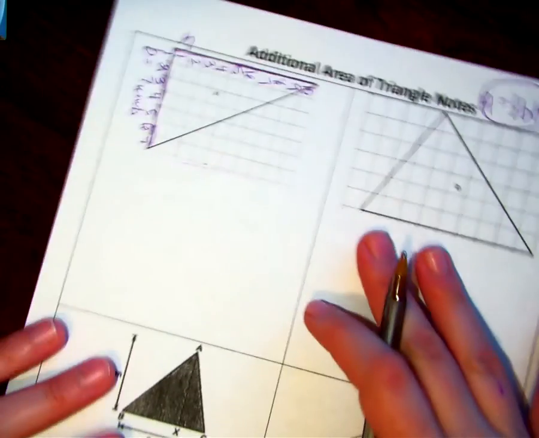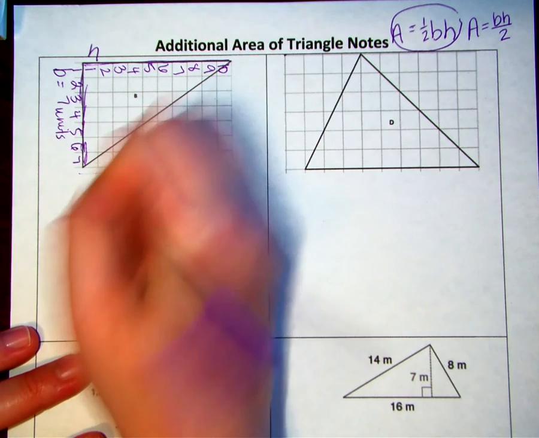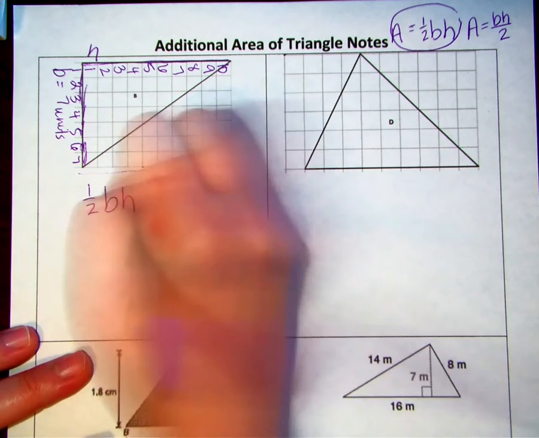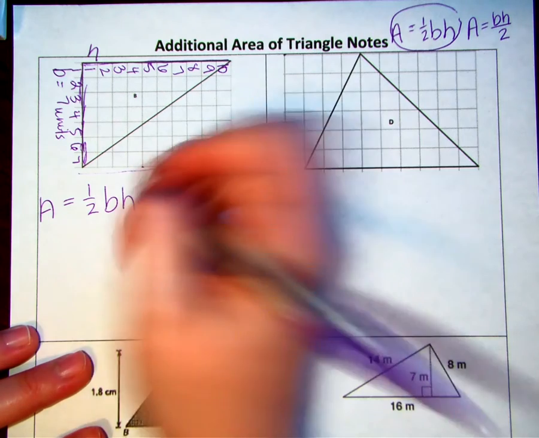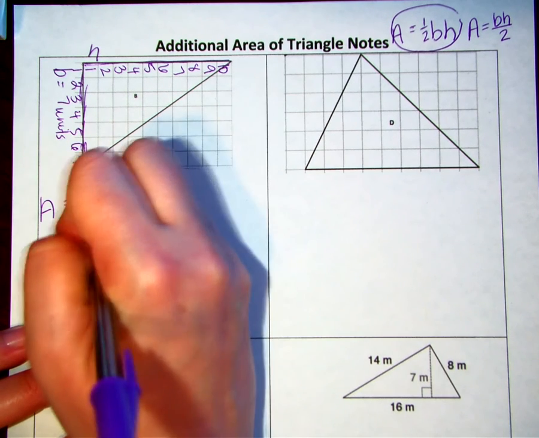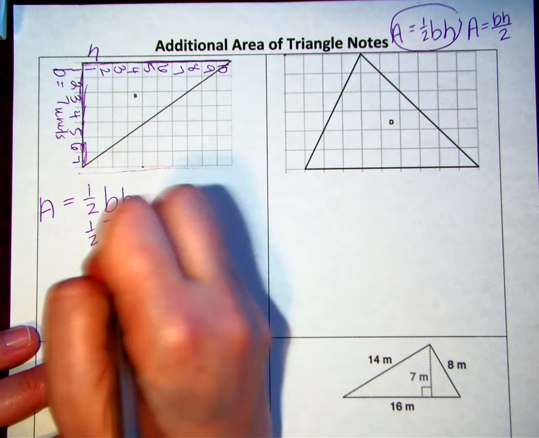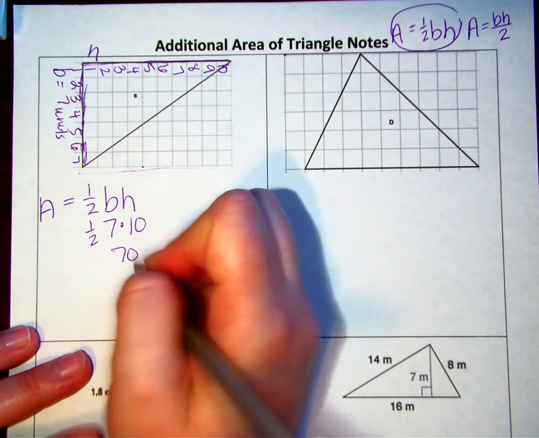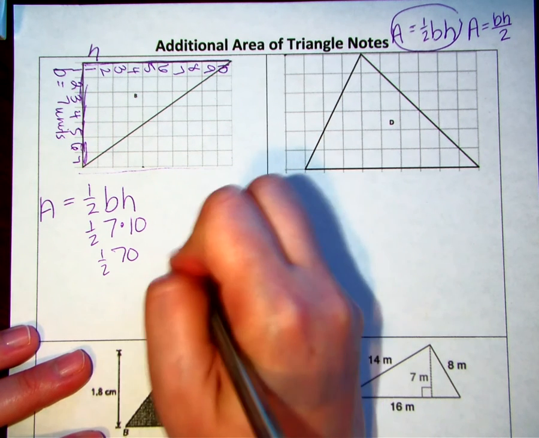Okay, so now I have my 2 dimensions. And I'm going to plug them in. So 1/2 base times height is equal to my area. So my base is 7. My height is 10. So now this is where you multiply 7 times 10. And then you're going to take half of it. So 70 divided by 2.